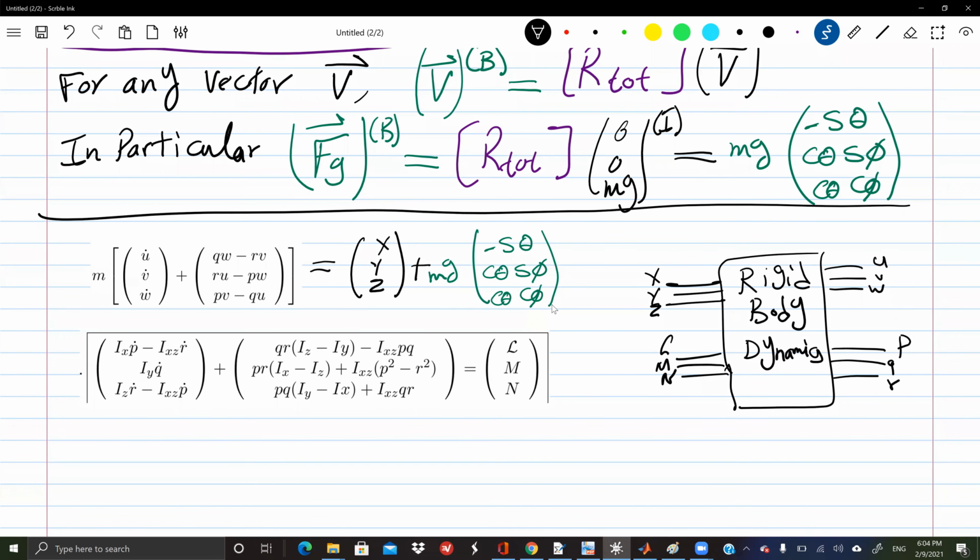So actually, in general, if you want to make things general, it's as if we today added 3 unknowns: theta, phi, and psi, the 3 Euler angles. So now we have 6 equations, but there are 9 variables. So we need to do something about this.